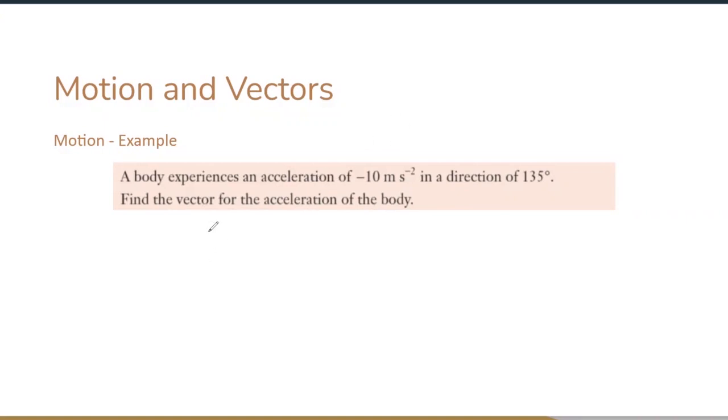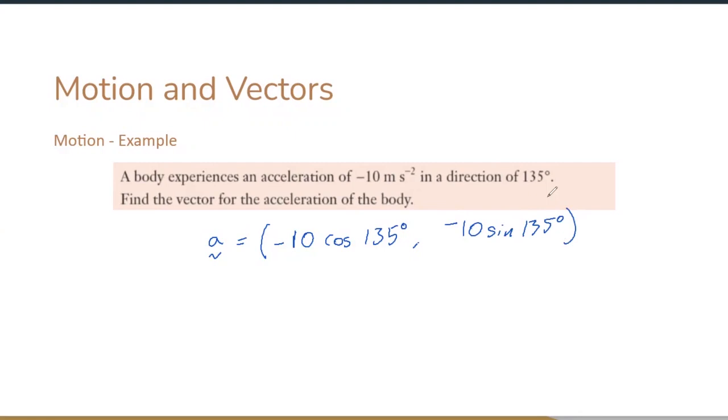So a, our acceleration vector, is equal to -10 cos 135 degrees, comma, -10 sine 135 degrees. That's just from the previous slide, using the same format.